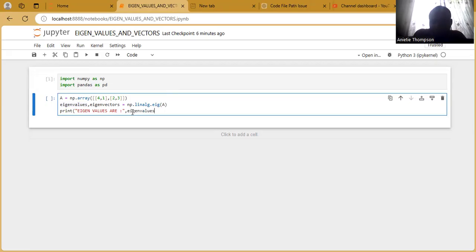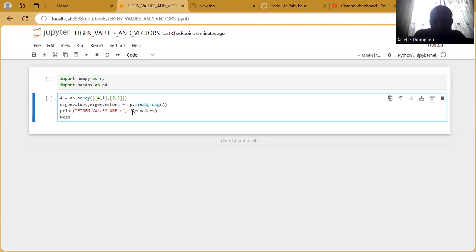Then you're going to do the same thing again for the eigenvectors, because the print function should be in the next line. You say eigenvectors are, you place that stuff again and you close.